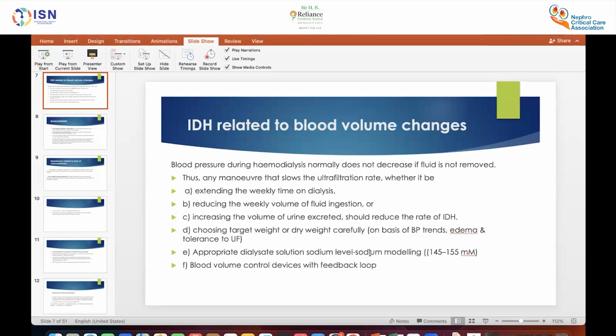Yes, sir. 3% saline and sodium modeling. Here you have written sodium modeling 145 to 155. So, usually we keep it at around 148. Okay, 148, then we tend to decrease that. What is the meaning of modeling? What is modeling?